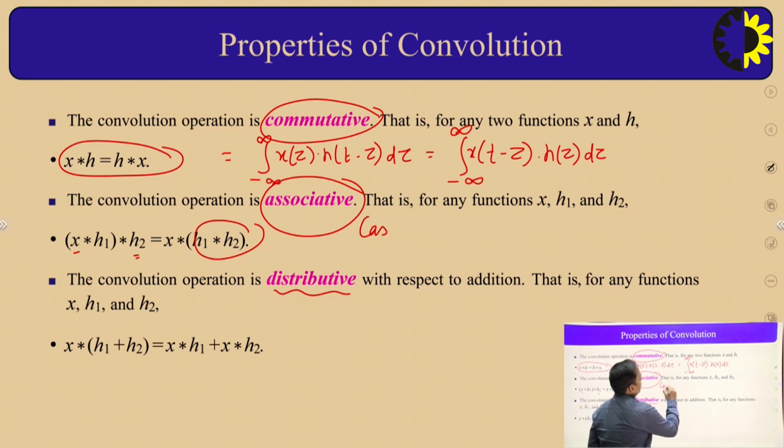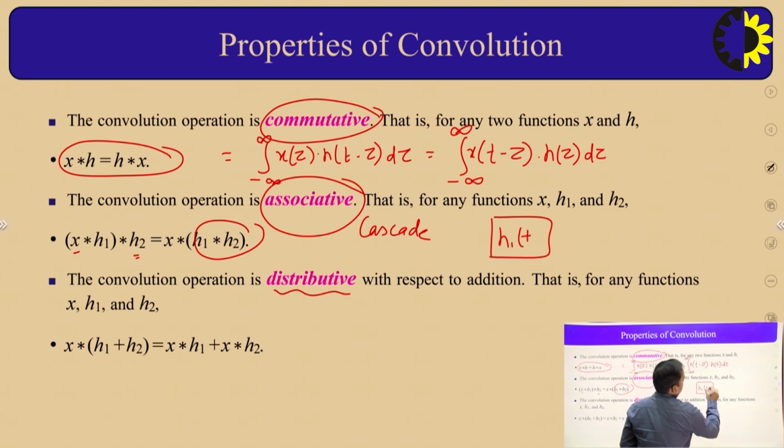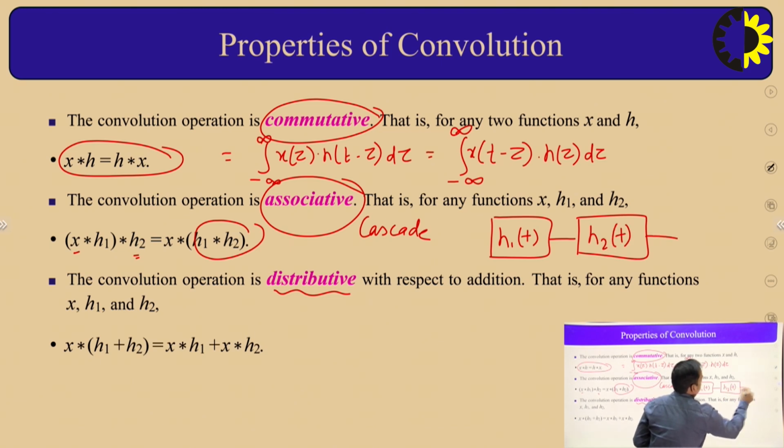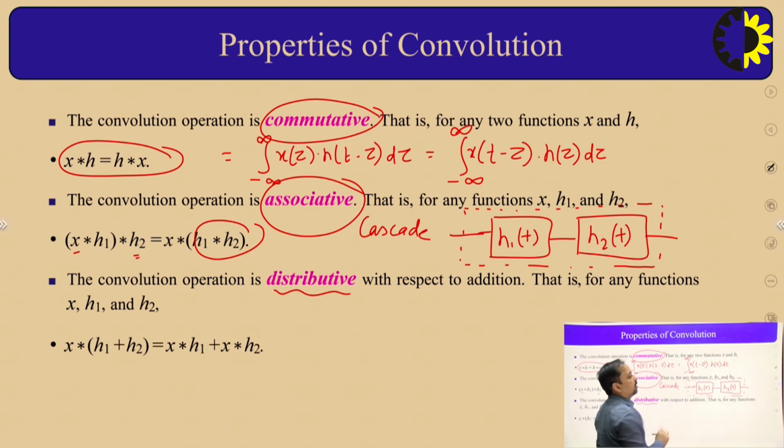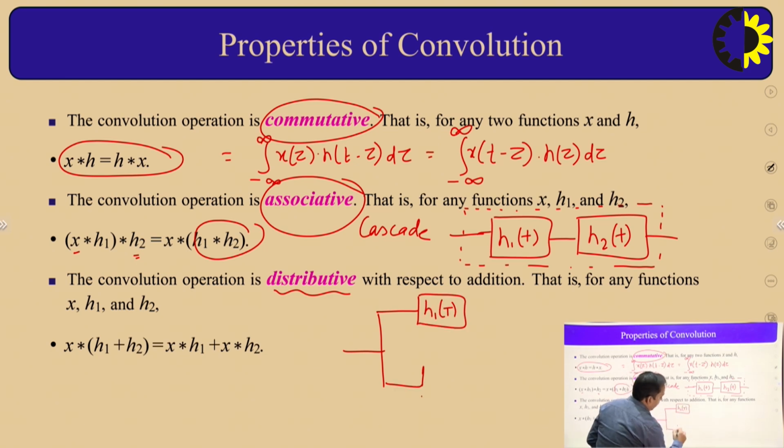This is cascade: if we have h1(t) like this and h2(t) like this, the overall impulse response is nothing but h1(t) convolved with h2(t). The distributive property we generally use when we have a parallel realization, like this.